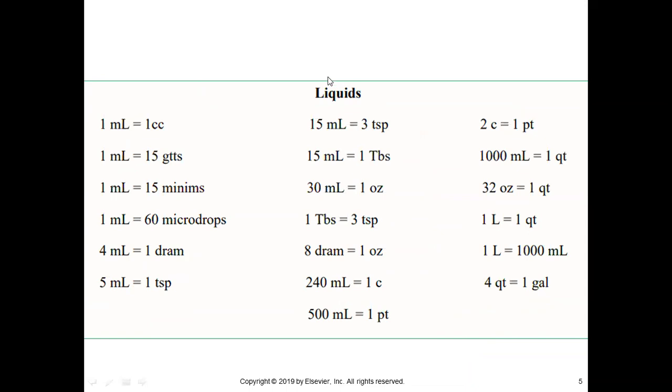Here's some unit about the liquid. Like 1 cc equal to 1 ml. It is same. And 1 ml, milliliter equal to 60 micro drops, means small drops. But 1 ml equal to 15 macro drops, bigger one, shortly called GTT.